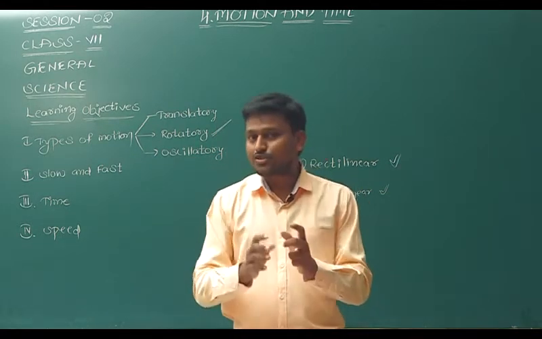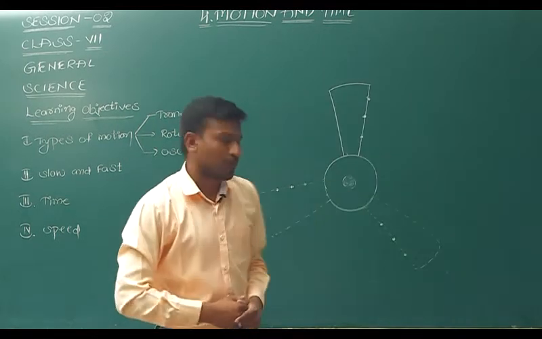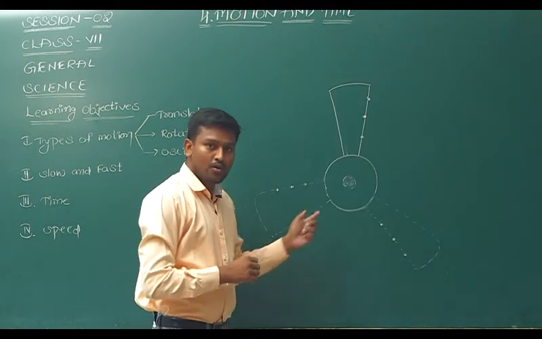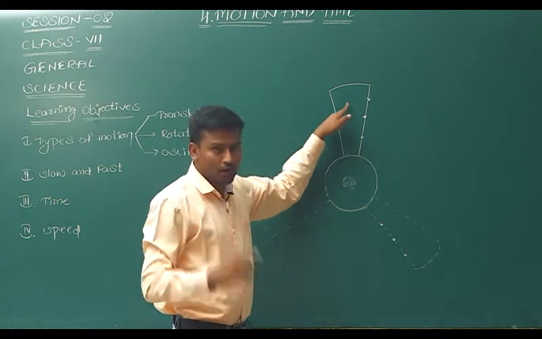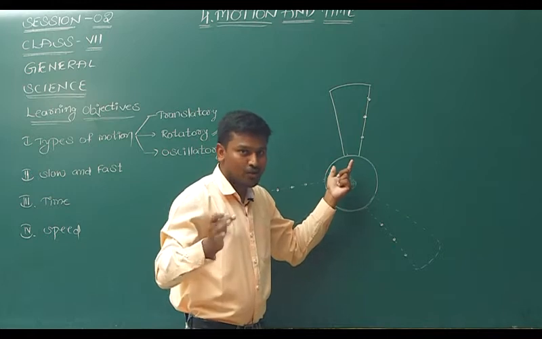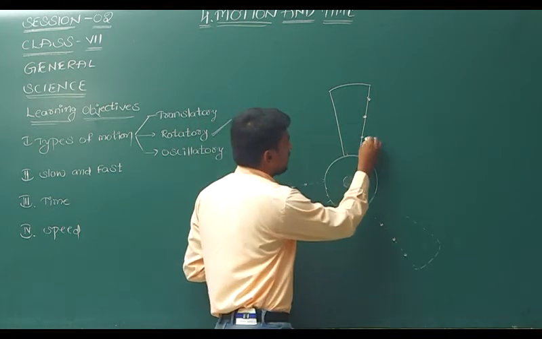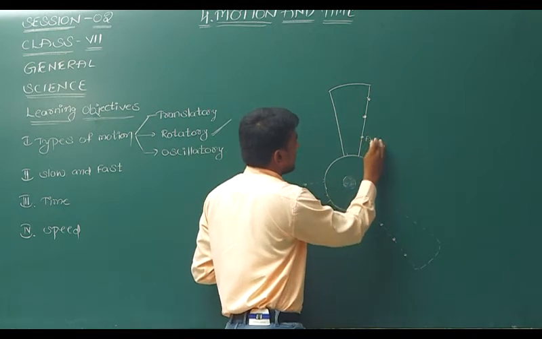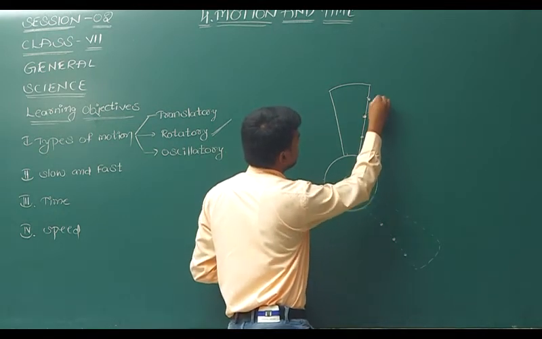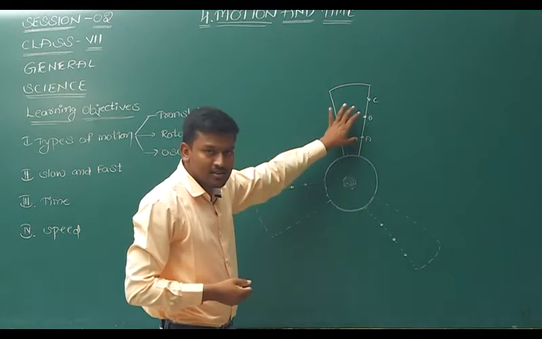To understand this rotatory motion, let's take one diagram. Here we can see a fan, and we are taking only one blade, not the other blades. On this blade we are marking dots A, B, C. These are the 3 points present on this blade.